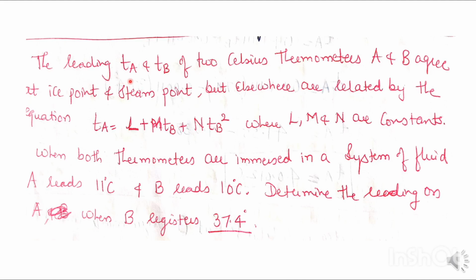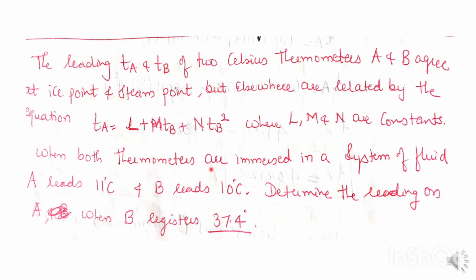The readings TA and TB of two Celsius thermometers A and B agree at the ice point and steam point, but elsewhere are related by the equation TA = L + M·TB + N·TB², where L, M and N are constants.